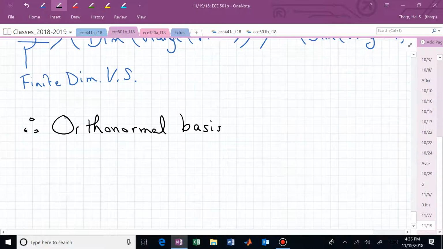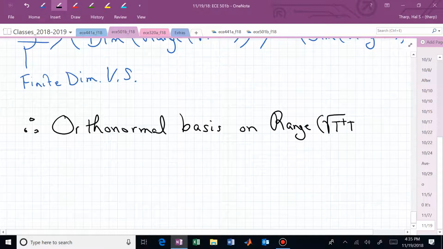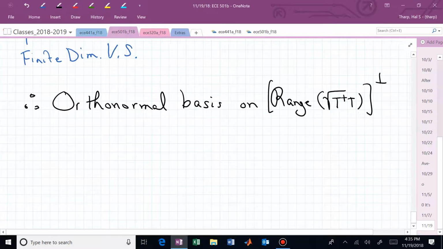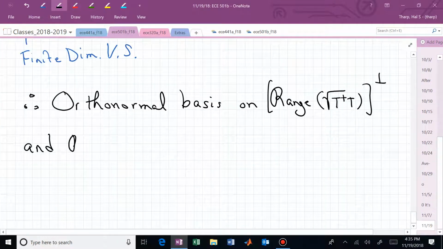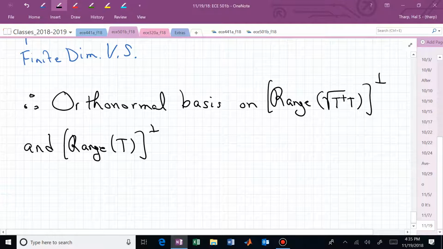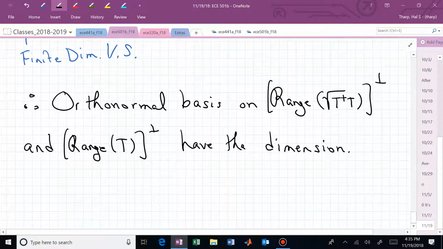Therefore, orthonormal bases on the orthogonal complement of the range of the square root of T dagger T, and on the orthogonal complement of the range of T, have the same size or dimension. Let me say, have the same length.